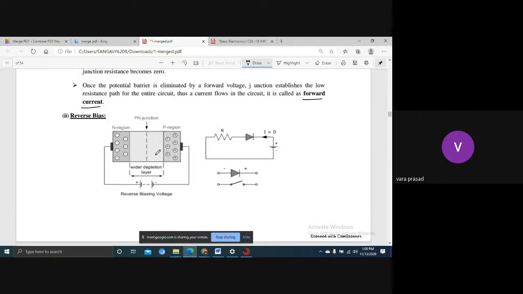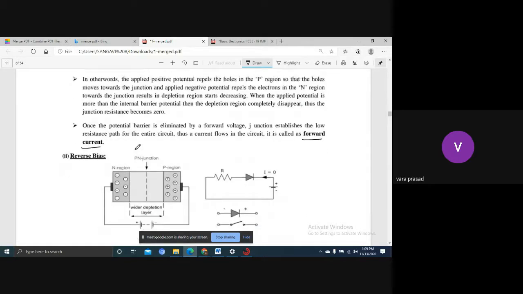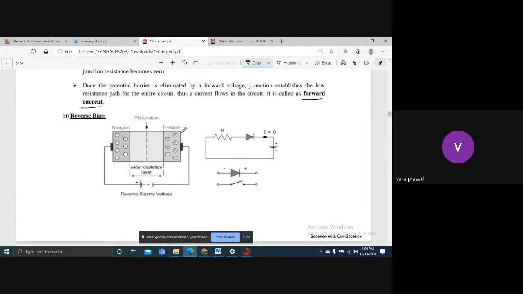Next, reverse bias. What is going to happen? P means positive, and the P region is connected to the negative terminal of the battery.